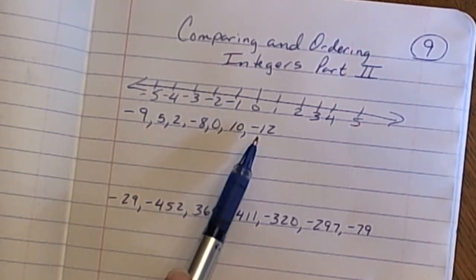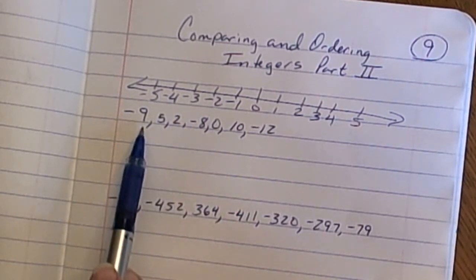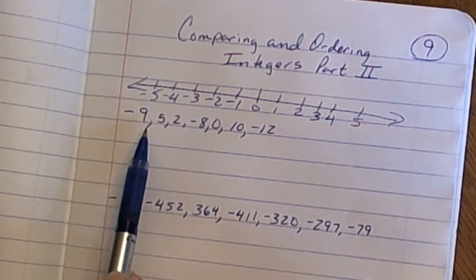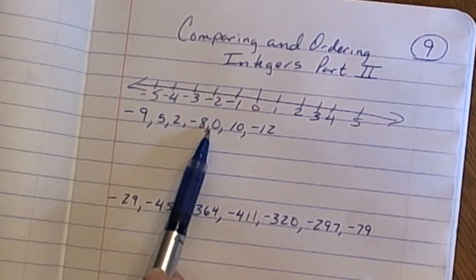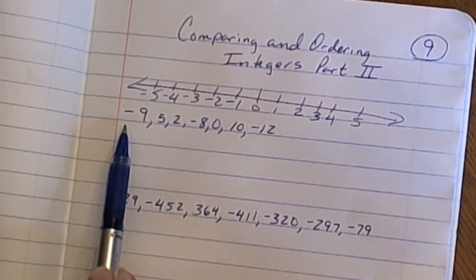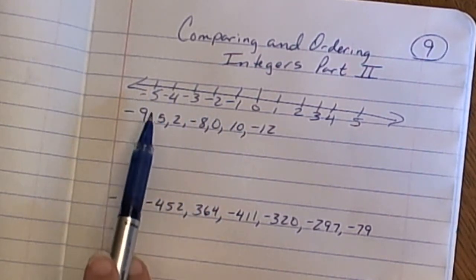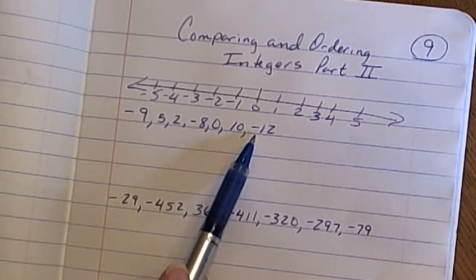Let's go to our first problem and look at what our numbers are. We do have positive and negative numbers and we have 0. So we know that our positive numbers are going to be bigger than 0, and our negative numbers are going to be smaller. We also know that when we look at the negative numbers, the larger the absolute value the negative number has, the smaller the negative number is.